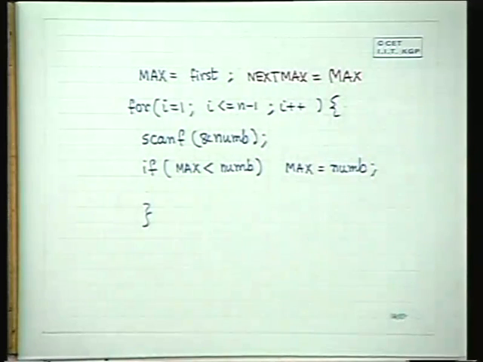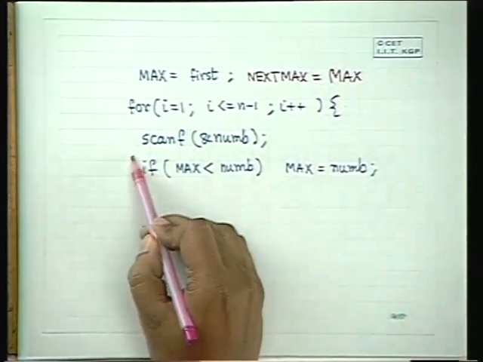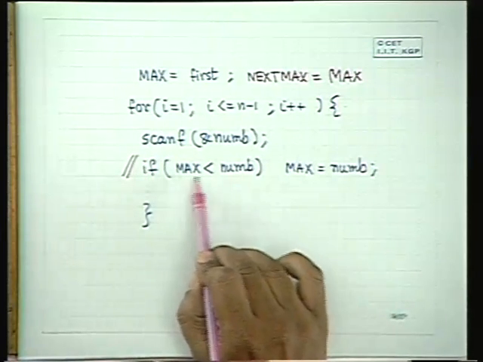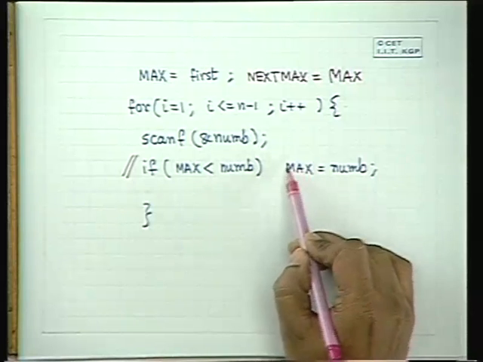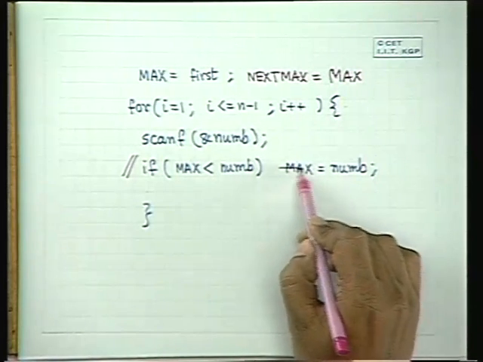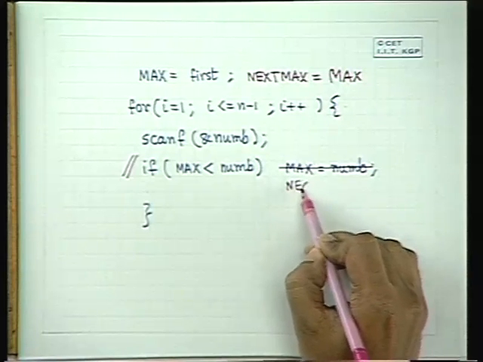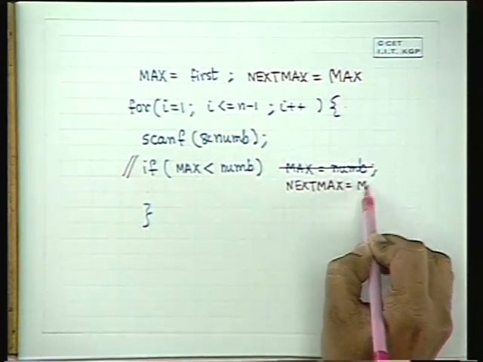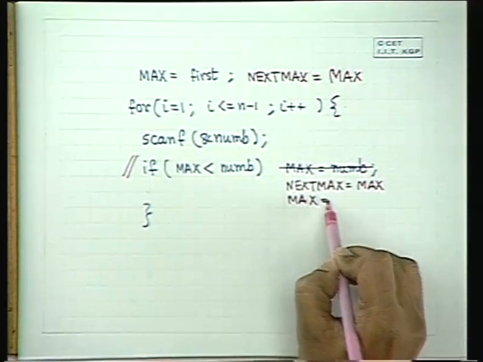Next max is equal to max, and here in this comparison, if max is less than num, then this is not the only thing that you do. Instead, you first make next max equal to max, and then you make max equal to num.